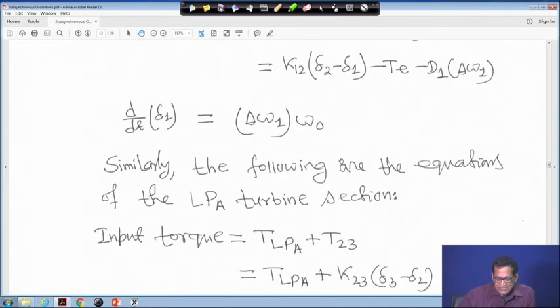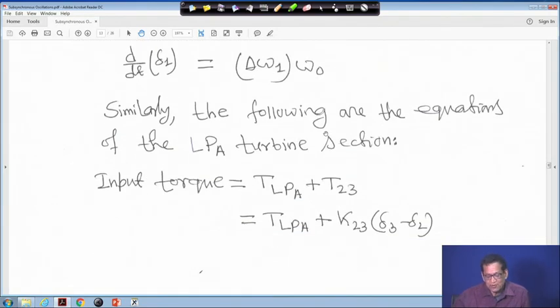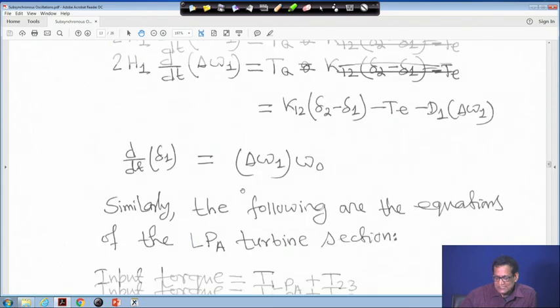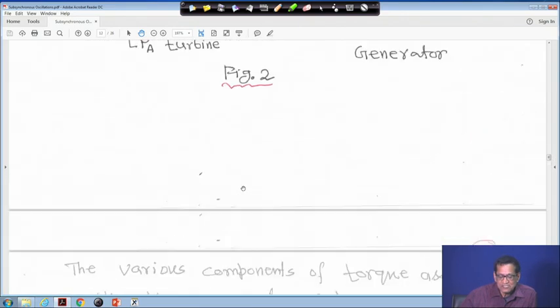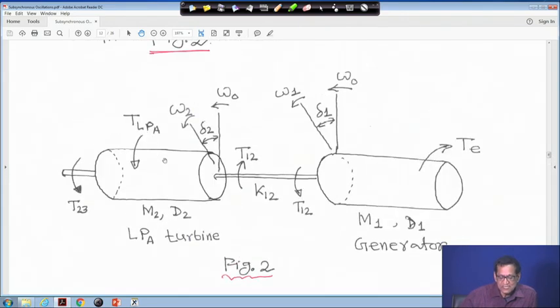Now, similarly, the following are the equations of the LPA turbine section. The input torque to the LPA section will be TLPA plus T23.